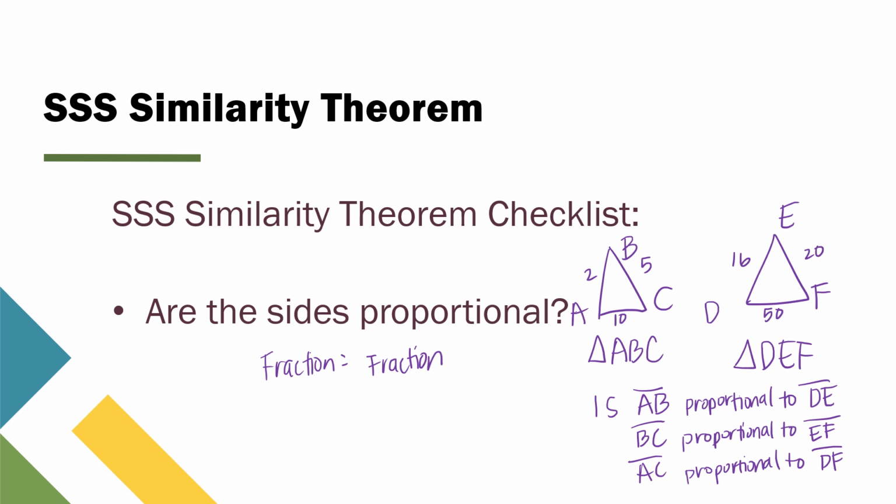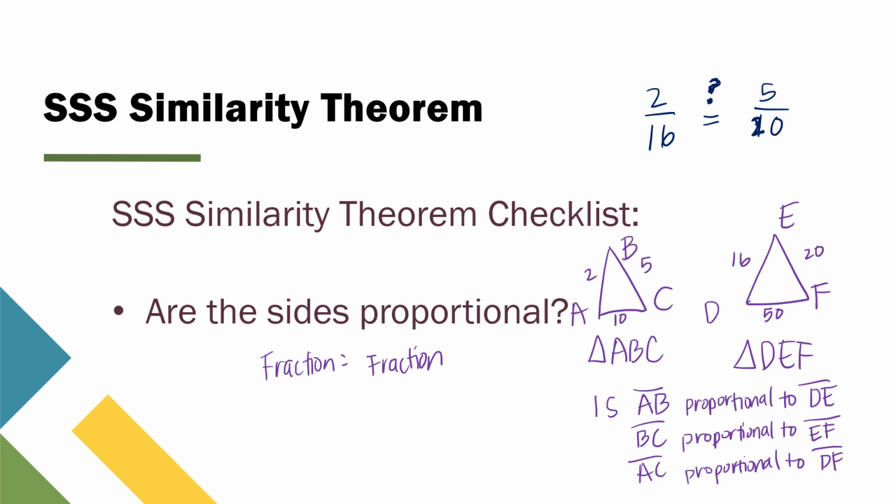So you would do something like 2 over 16. So again, that's coming from here, AB and DE. Is that proportional to, remember we put the little question mark on the equal sign because that's what we're checking. We don't know that these are equal, we're checking that they're equal. So we got AB over DE, let's do BC over EF, so that was 5 over 20.